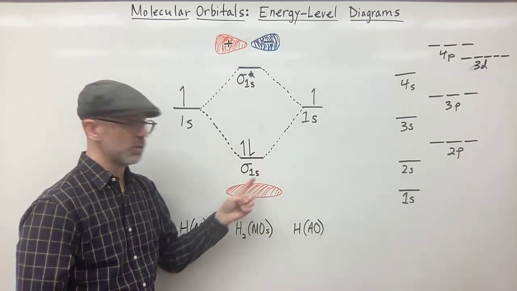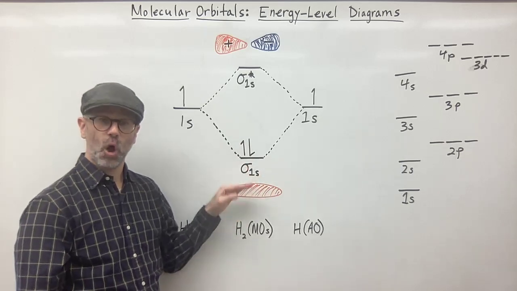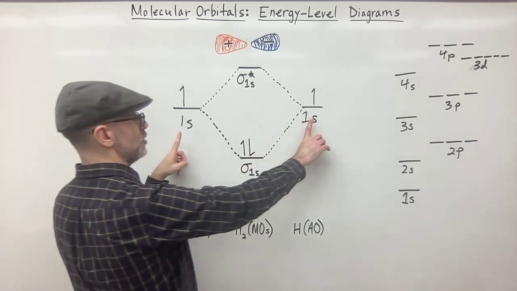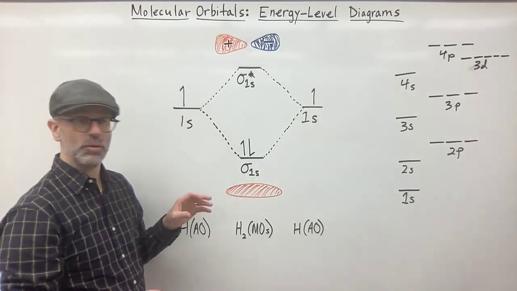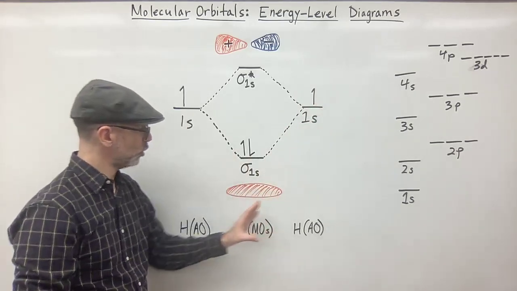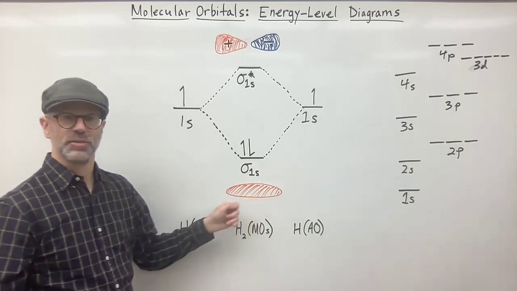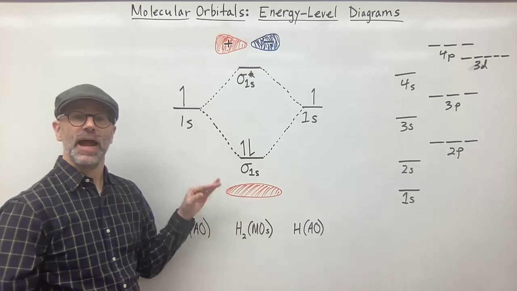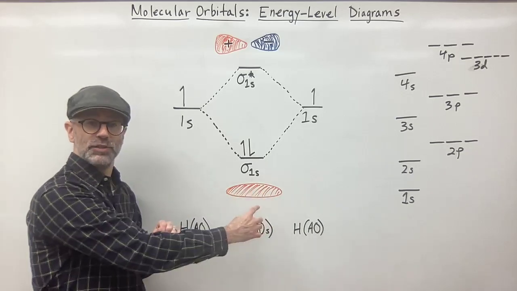You'll notice that the molecular orbital, the sigma 1s, is lower in energy than these two parent atomic orbitals. So the molecular orbital is lower in energy. Why? Because the electrons have a lower energy when they are shared between two positive nuclei.